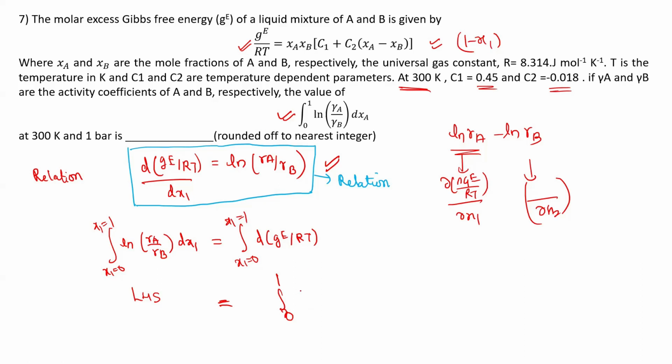Then if you substitute, you will be getting 0.036 minus 0.504 plus 0.468, which equals 0. Right? Hence, therefore, at these values of C1 and C2, it is equal to 0.